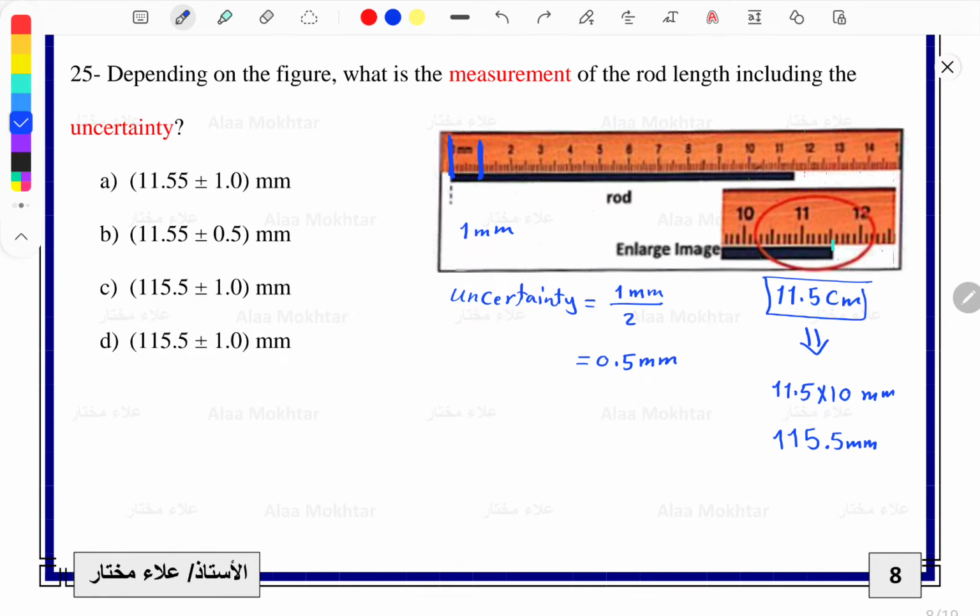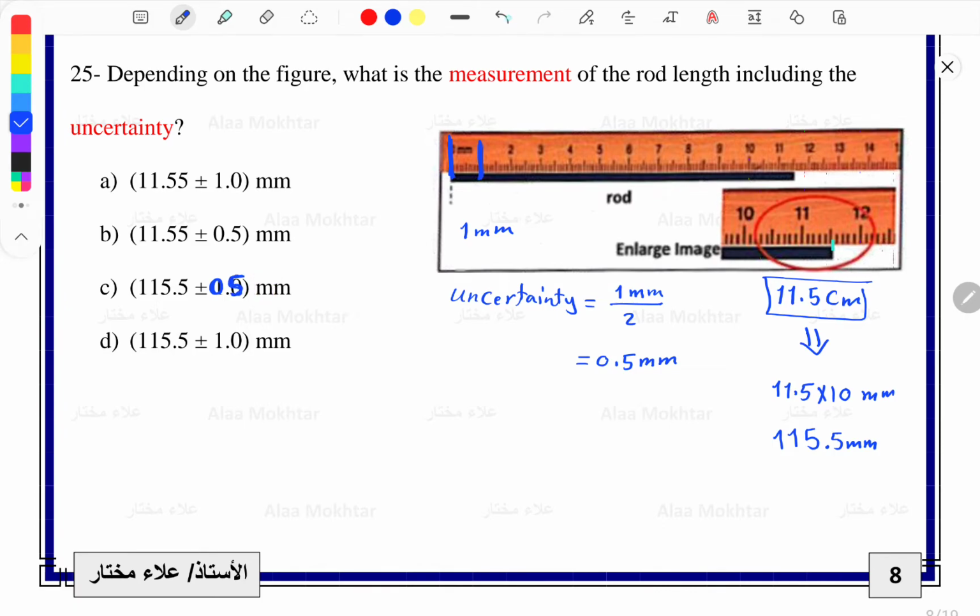So the correct answer will be 115.5 plus or minus 0.5. There is a wrong answer. Option C and D are the same, so I will change one, and this will be the correct answer.